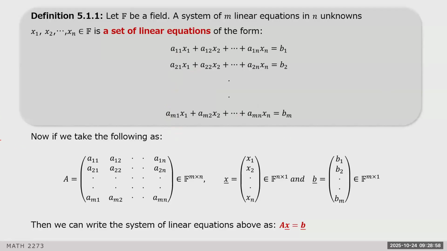Let me write that for you. So what I'm saying is Aij, the i you could think of as a row number, and the j you could think of as a column number. So that means this system, you could rewrite. What we're going to do is rewrite this entire system as a matrix equation.